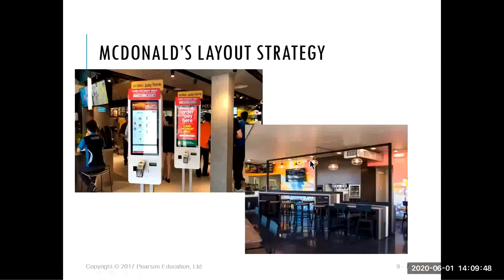For example, this is a self-service kiosk. I think 2 or 3 years ago, they started it in McDonald's restaurants in Malaysia. This is a grab and go area, for those who will grab and then go just to eat.